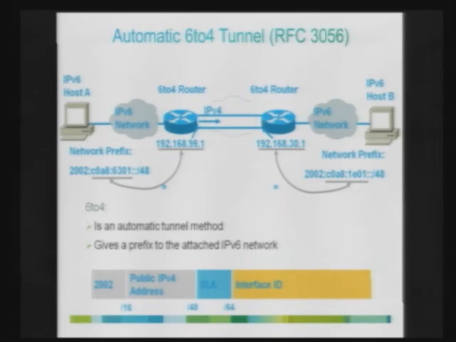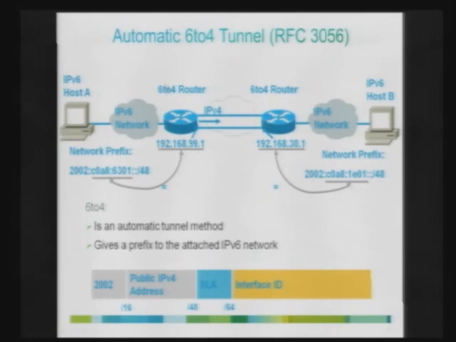And as you can see, there is a corresponding IPv4 address assigned to the remote site 6to4 router. What host A would do, if it wants to send a packet to host B, like any other IPv6 packet, is send it with the destination address specified here, which is a 6to4 address.